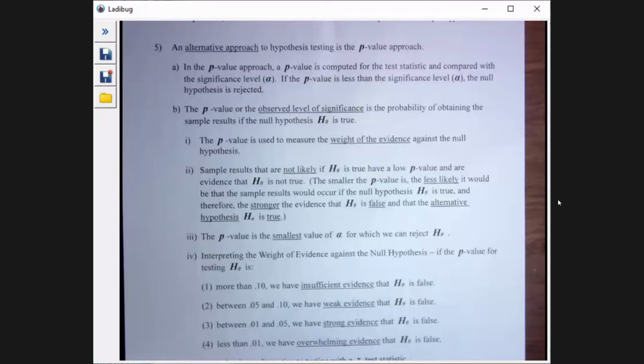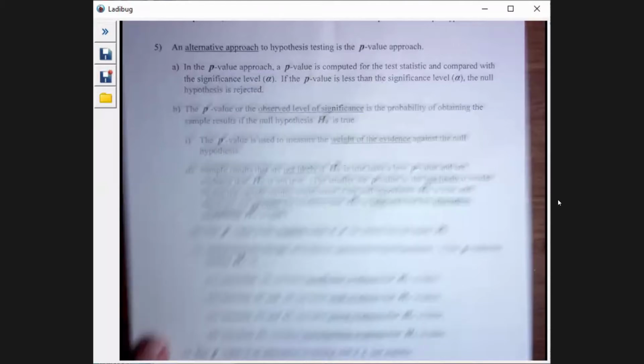If you can understand the p-value, you have got this down. It's the thing that a lot of people struggle with. There's lots and lots of stuff online explaining what p-values are because so many people have trouble understanding them.